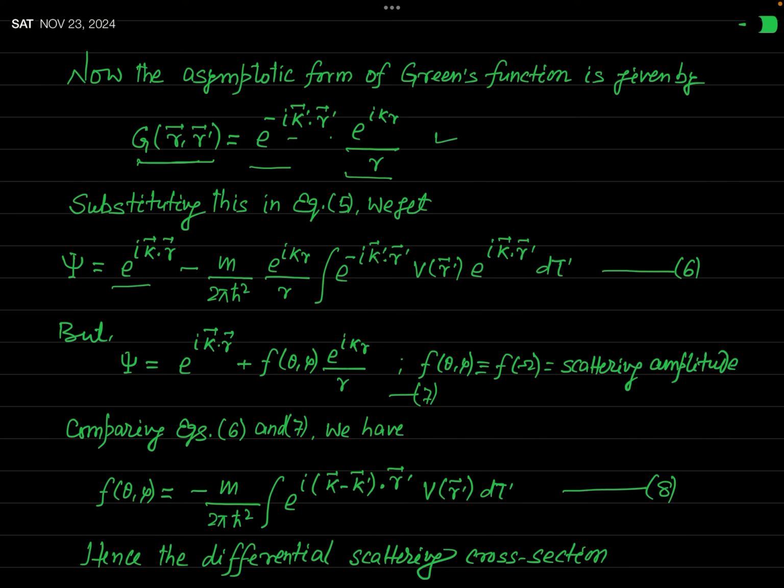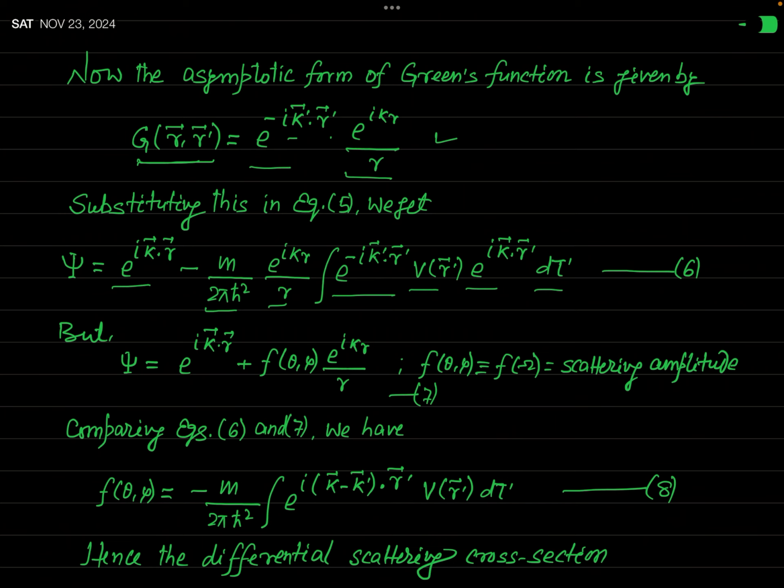So this will be minus m over 2 pi h bar square times e to the power i k r over r, and the integral of e to the power minus i k dashed dot r dashed V of r dashed e to the power i k dot r dash d gamma dashed. So this is the expression for the total wave function.